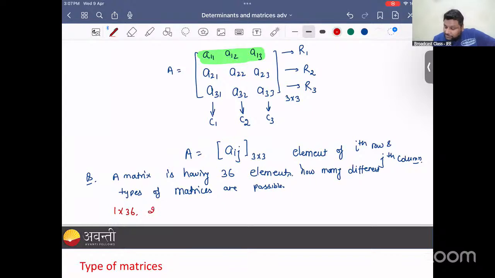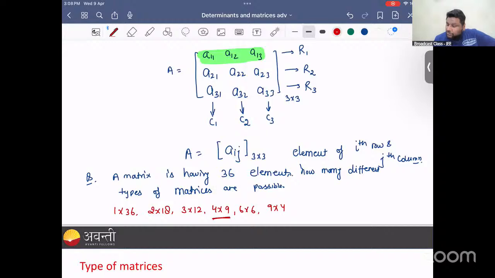Now there comes 2 into 18: a matrix having two rows and 18 columns. Then 3 into 12: 3 rows, 12 columns. Then 4 into 9: 4 rows, 9 columns. Then 6 into 6. This is a square matrix, 6 rows, 6 columns. Then 9 into 4.